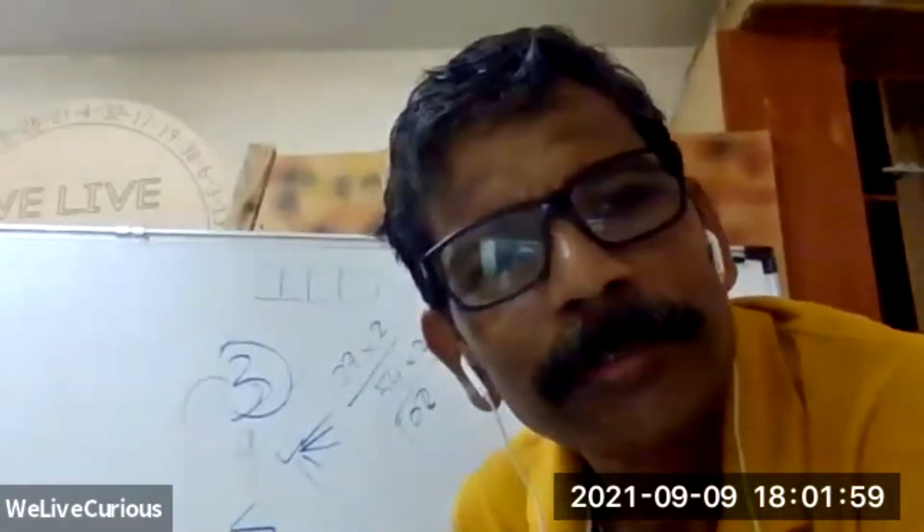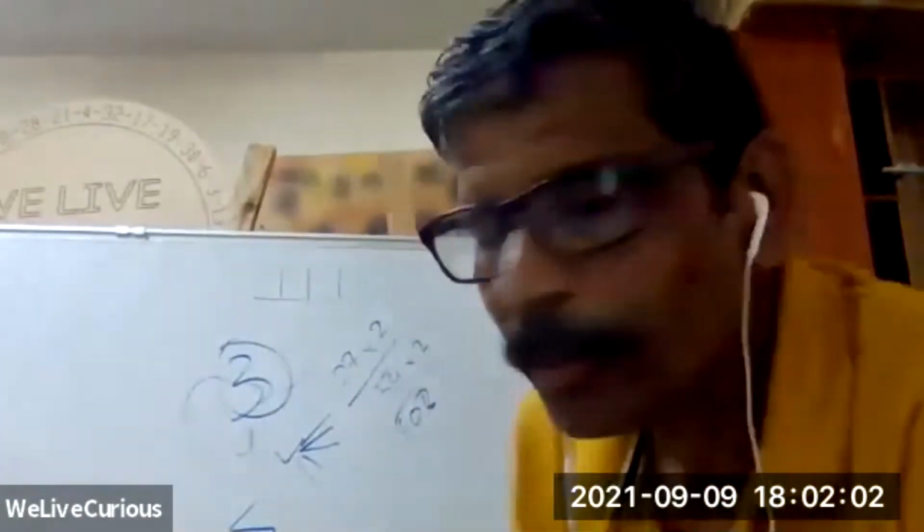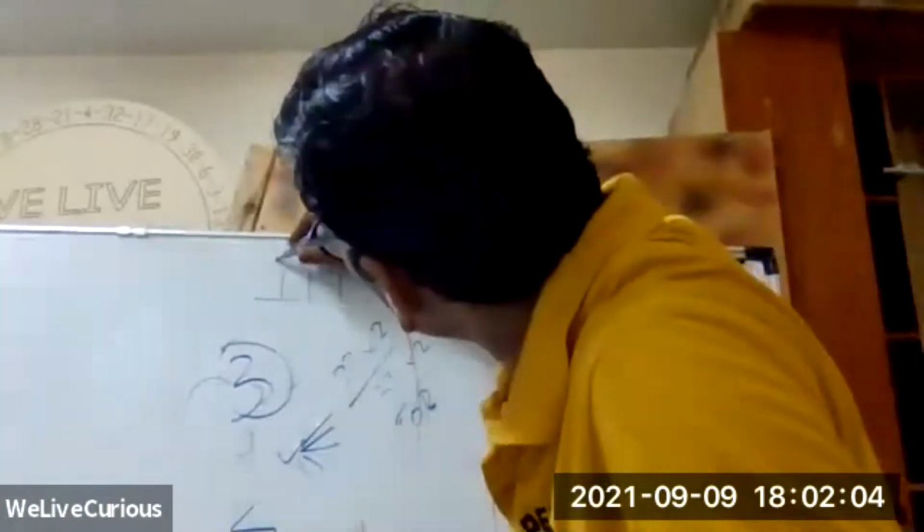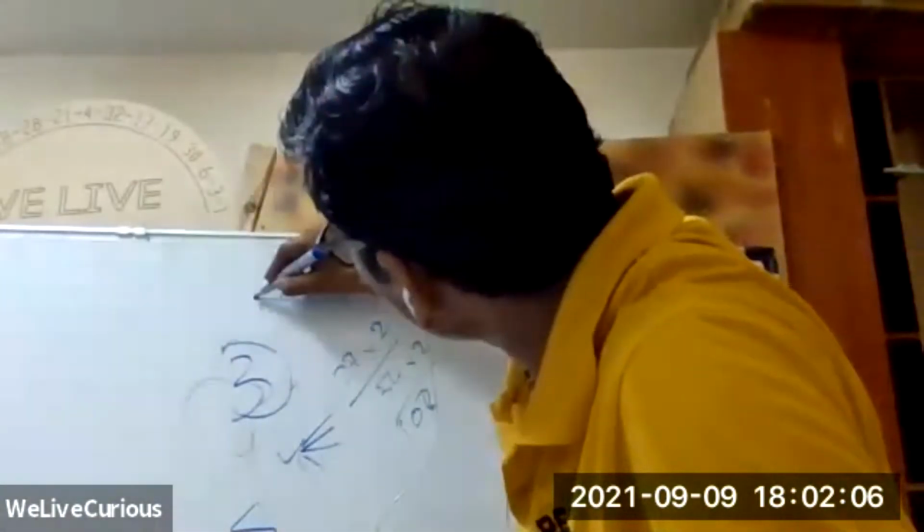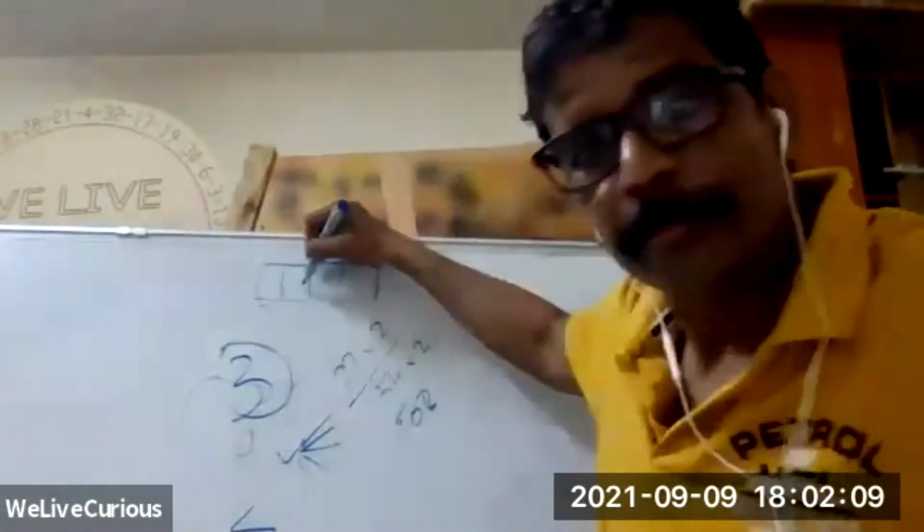How many digits are there in your lock? The options are 0 to 9. Sir, it's 4 positions, so it's 10 cube. So it's 10 into 10 into 10.